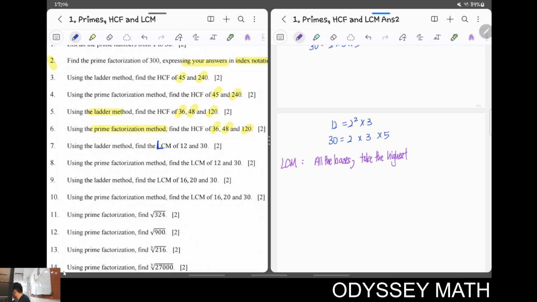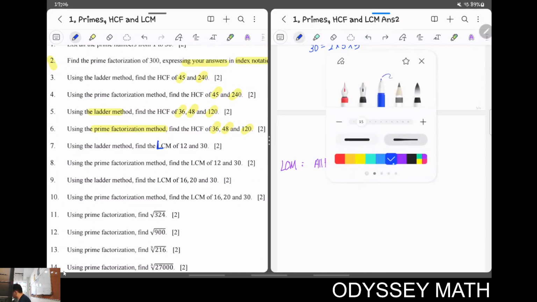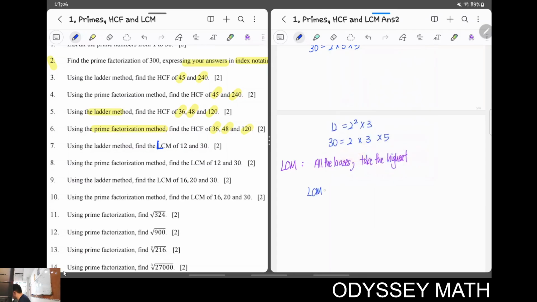First we make sure that you align the bases all vertically. Then LCM will be equal to, we have base 2 here, so we take the highest of the 2, so 2 to the power 2. We have base 3 here, base 3 here, so we take the highest, 3. And we have base 5 here, but no base 5 here. But it's okay, for all the bases we take the highest. So we just times 5.